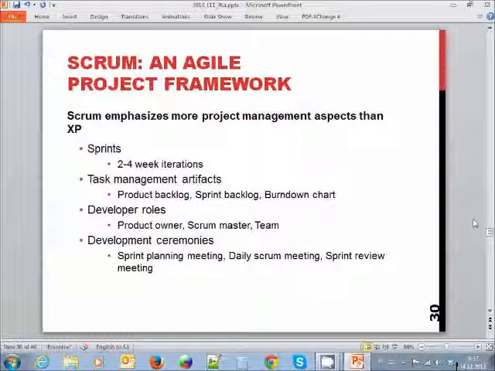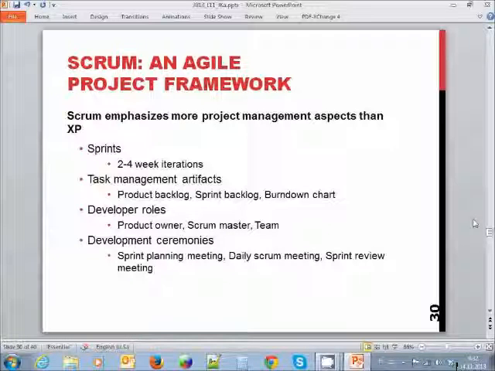So the other iteration, Agile method I'm going to talk about today is the Scrum. The Scrum is an Agile method which more or less has emphasis on how to organize the development work. The Scrum method tries to apply the Agile approaches or the Agile thinking into the development work itself.